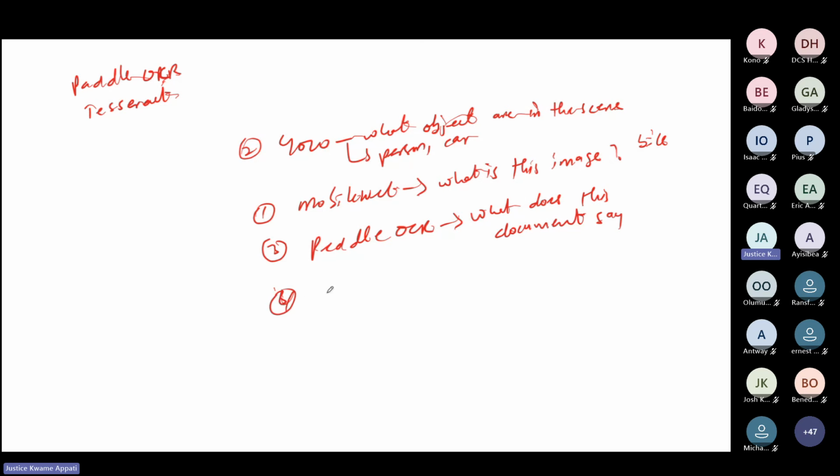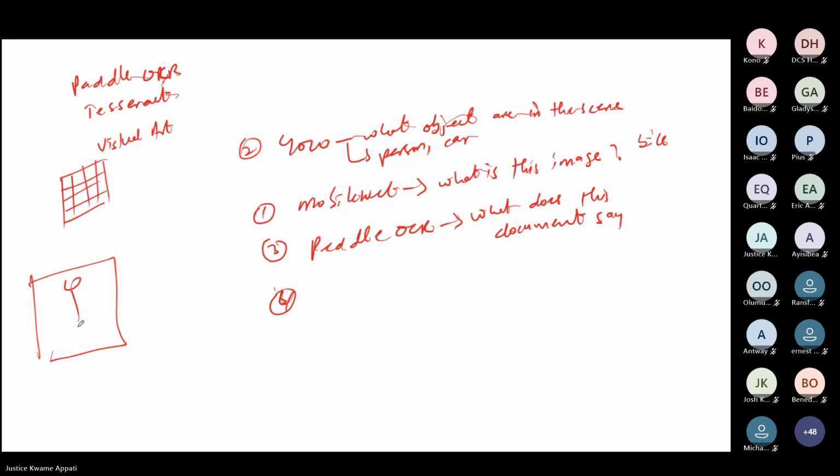Which pixel? And before I proceed, a pixel is the smallest object of an image. Every image is a grid. If you happen to come from a senior high school where we have visual art students, you realize that before they paint you, this is your actual picture.